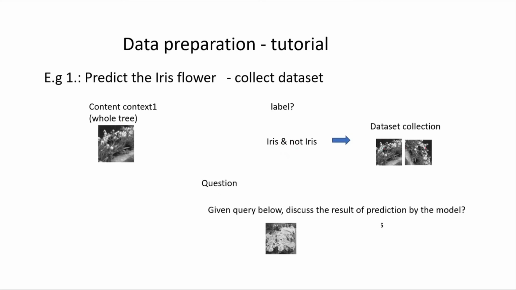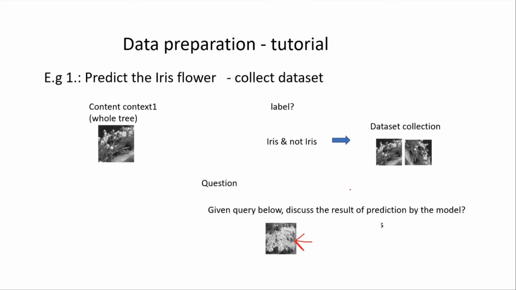And this is the data collection. Question: given the query below, discuss the result of prediction by the model. If you put this as an input to this data set, what is the answer? What is the prediction of this one? Is this iris or not iris?